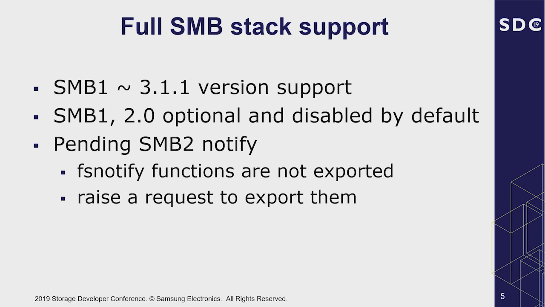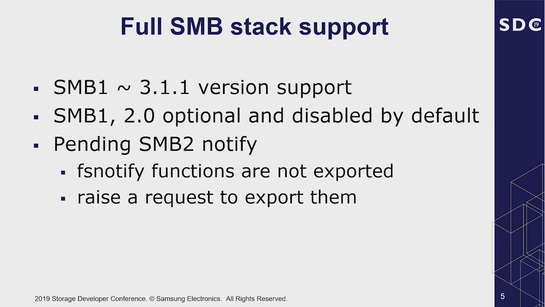CIFSD supports all SMB versions from SMB 1 up to SMB 3.1.1. SMB 1 can be set as optional in configuration and is disabled by default. There is one unimplemented command in CIFSD, which is the SMB2 notify command.